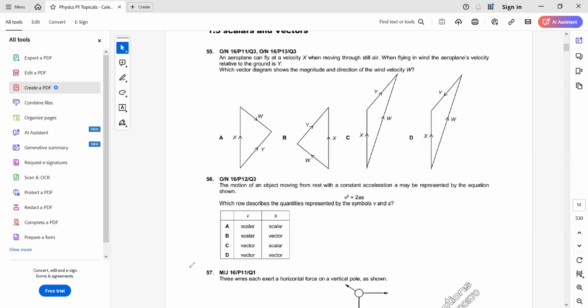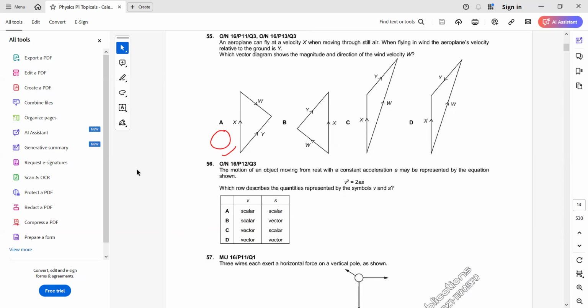It's A. Yeah, that is correct. Let's try another question.